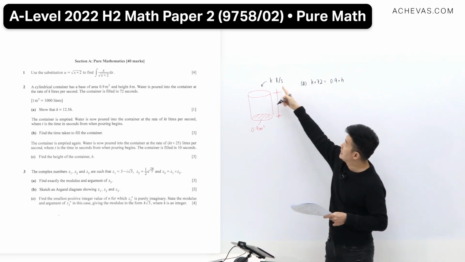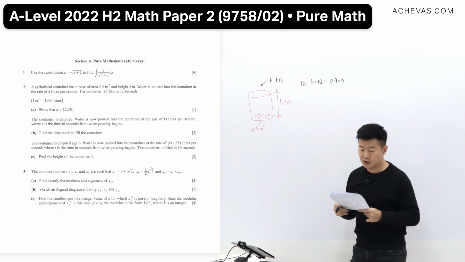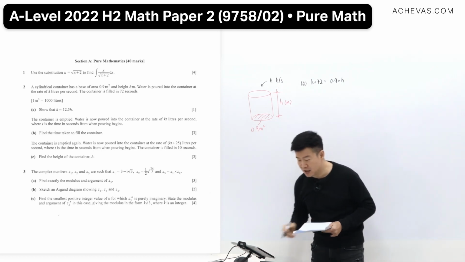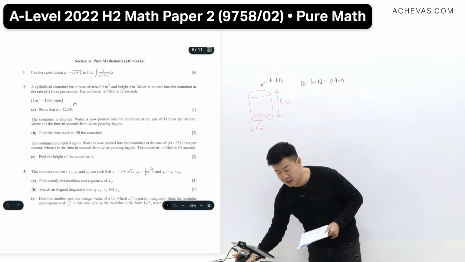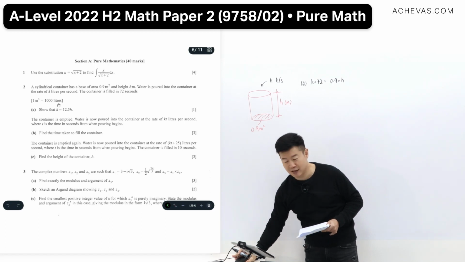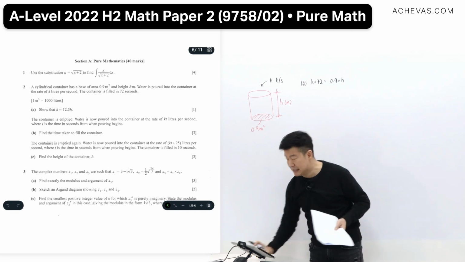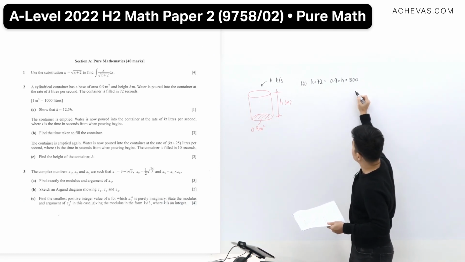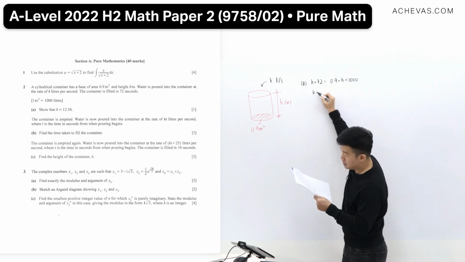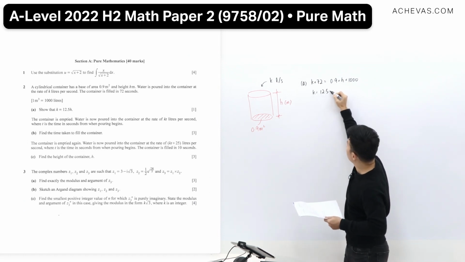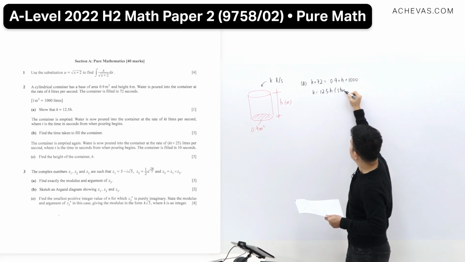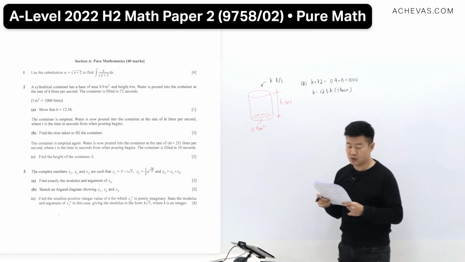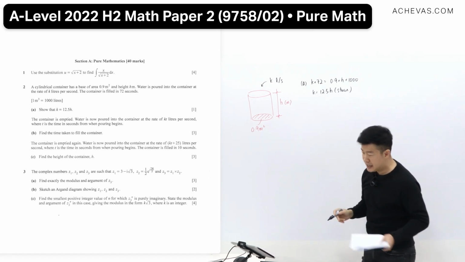And k, which is in liters per second, multiplied by 72 seconds, is going to be in liters. So we need to do a conversion. The question has already given us the conversion, which is 1 meter cubed is equal to 1,000 liters. So I'm going to multiply this by 1,000, which means that k over here is going to be equal to 12.5h. And this is what the question wants us to show.